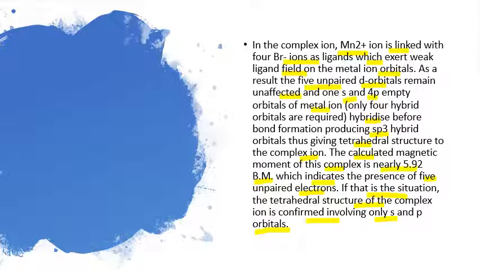So the complex formation is taking place by the involvement of the s and p orbitals, and the d orbital electrons remain unaffected because the ligand approaching the central metal ion is weak, and because of that such an outer orbital complex is forming, and this confirms the complex and its geometry.